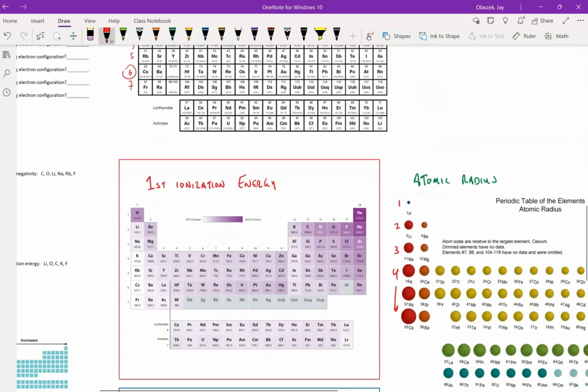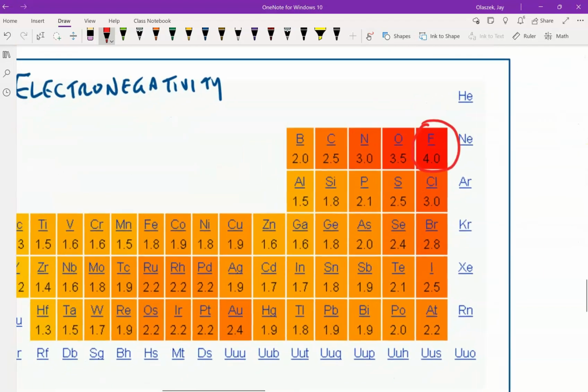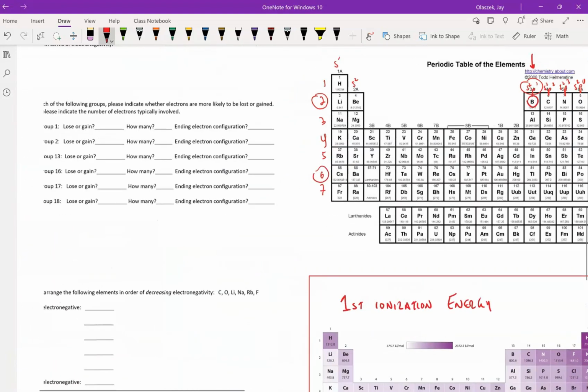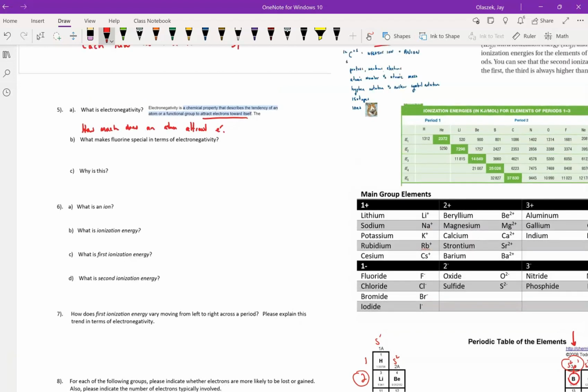One, fluorine is here on the periodic table, all the way at the upper right, and that means its radius is the smallest, and it is desperately trying to attract an electron because it is one away from looking like a noble gas. And that makes fluorine's electronegativity the highest on the periodic table. So we'll say, what makes fluorine special in terms of its electronegativity?